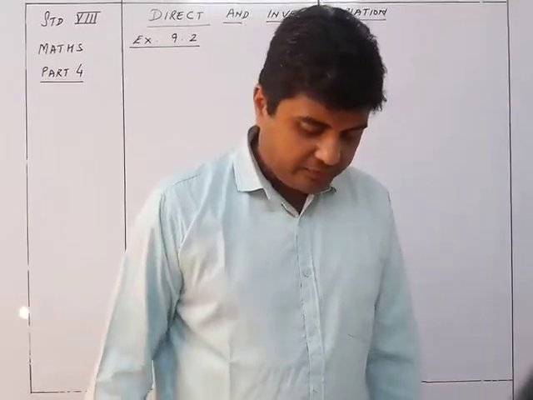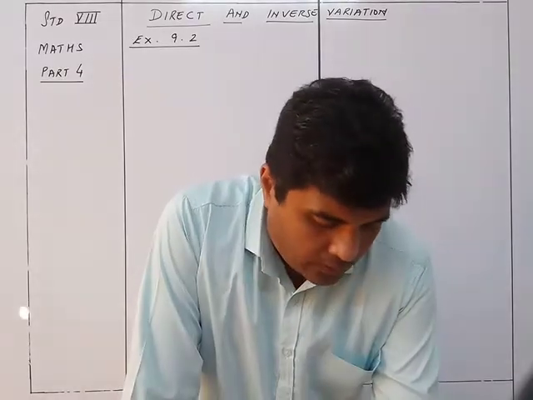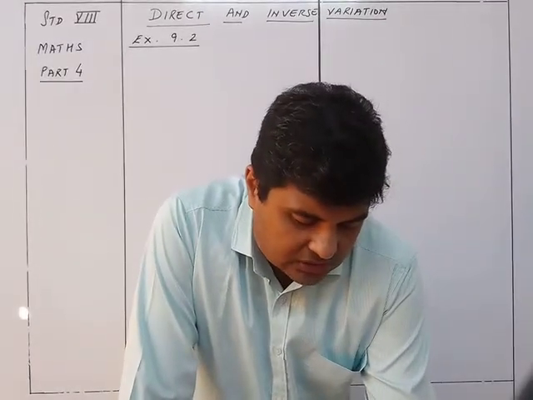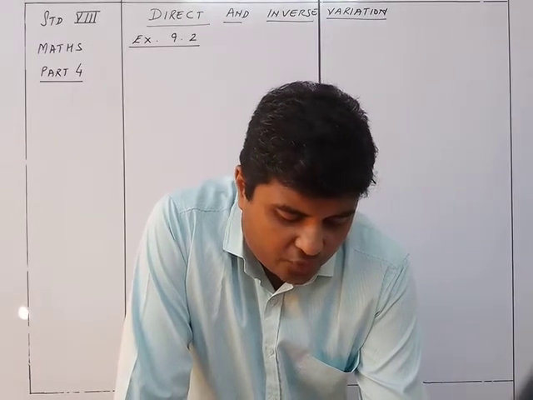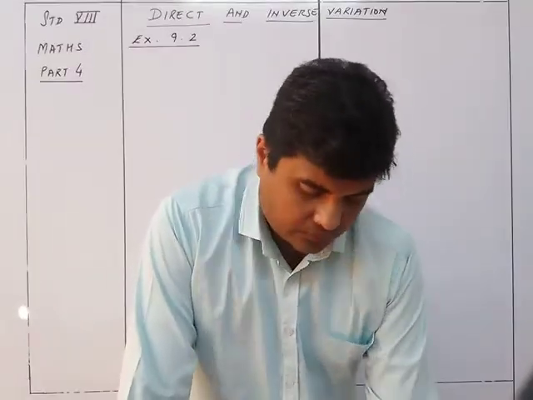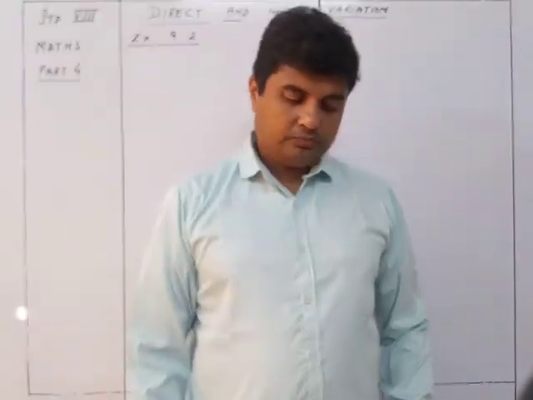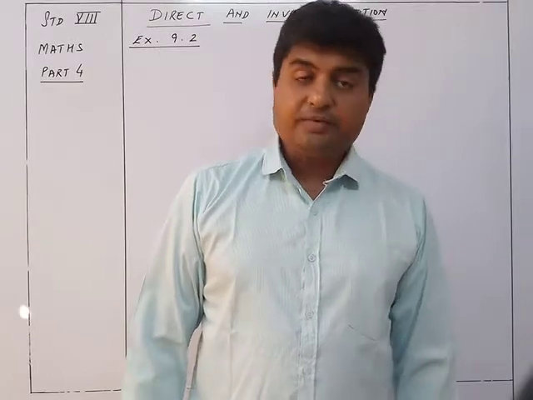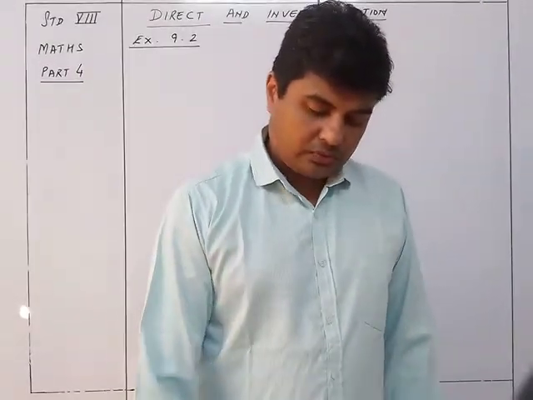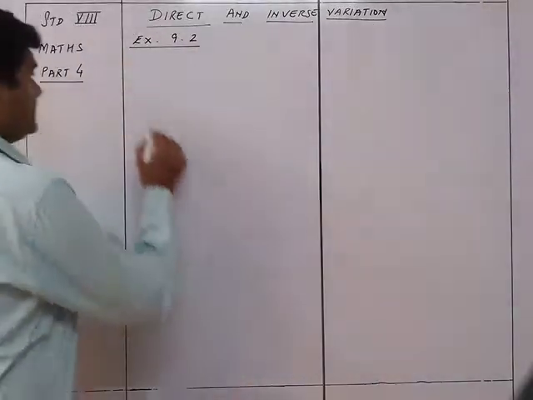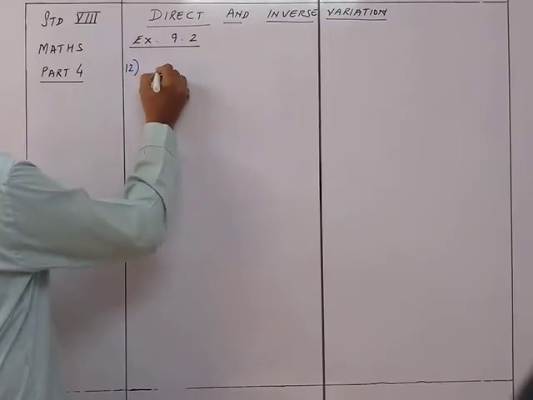Sum number 12. 1,200 soldiers in a fort had enough food for 28 days. Okay, so ration available for 1,200 soldiers is for 28 days. So this is the 12th sum.